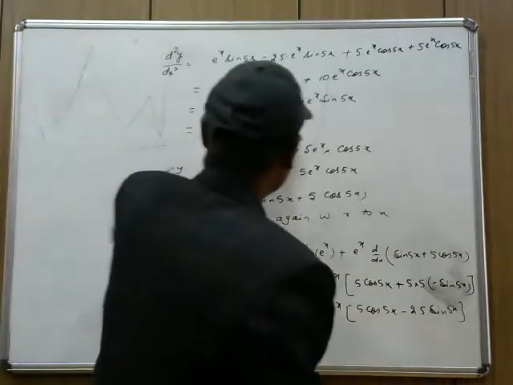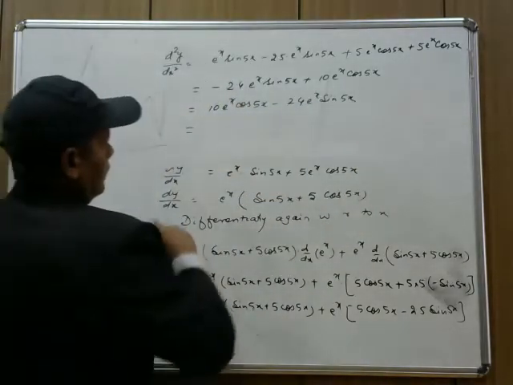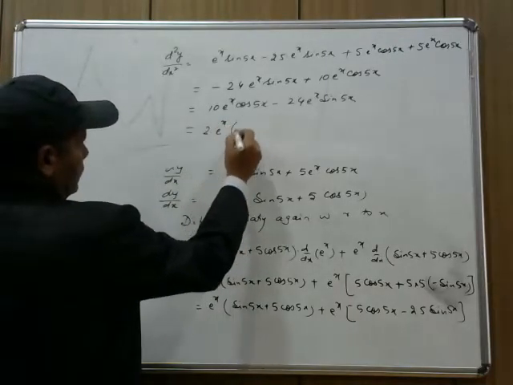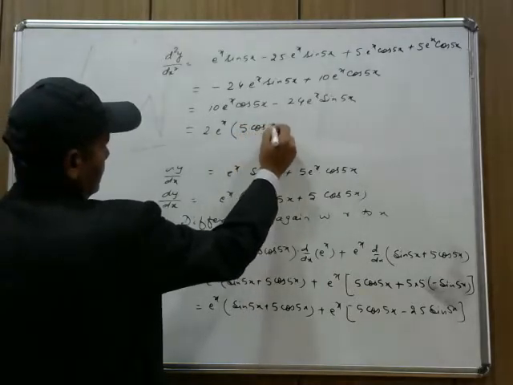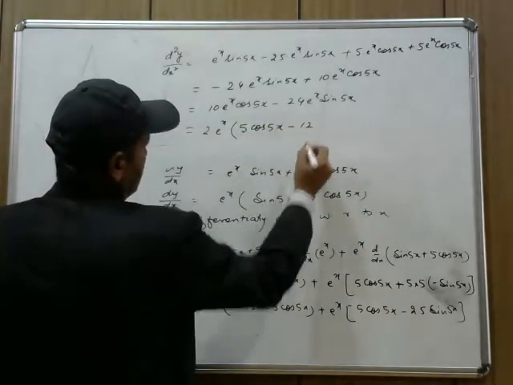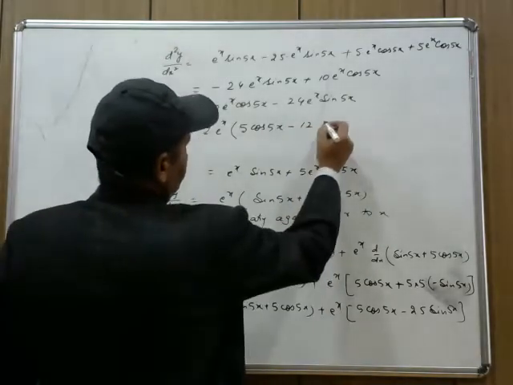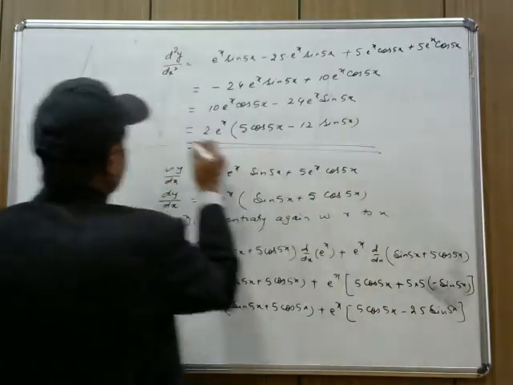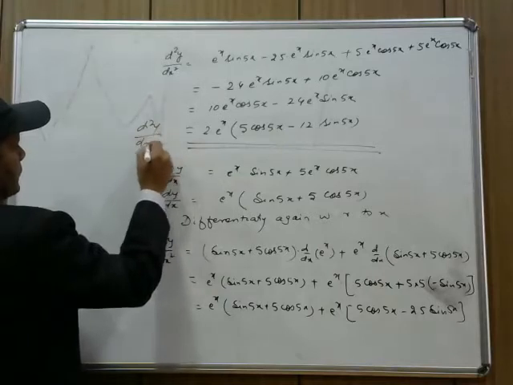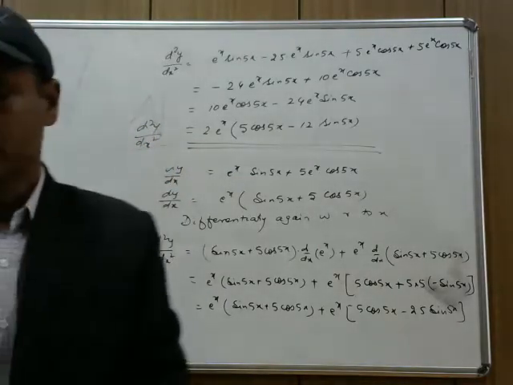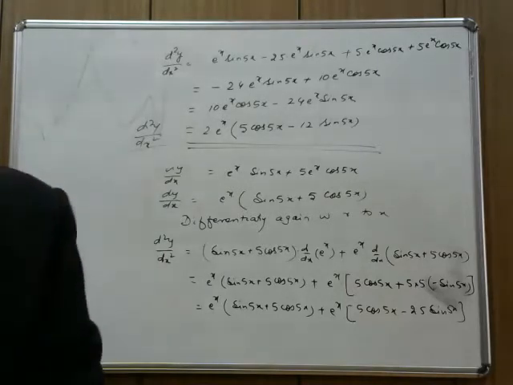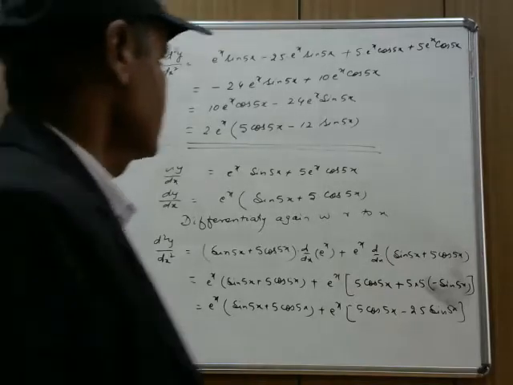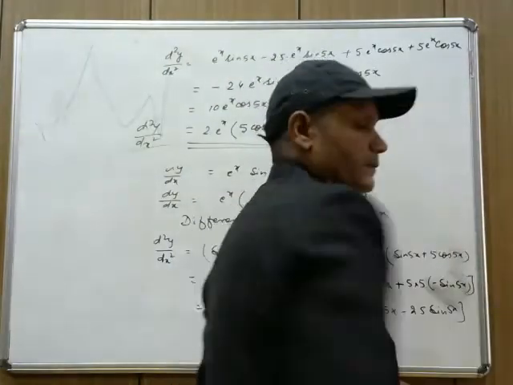Now I can take common 2 e to the power x. 2 into e to the power x, 5 cos 5x minus 12 sin 5x. Therefore, d2y by dx square will be 2 e to the power x in bracket 5 cos 5x minus 12 sin 5x. Right? This is the answer.